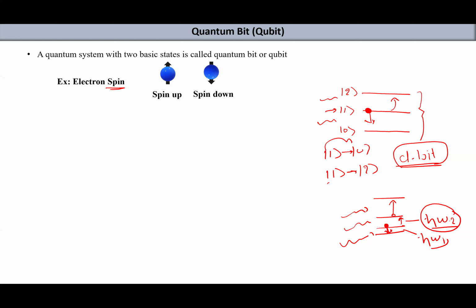So to access each state, you need a different frequency microwave or pumping source. This is the complexity people are facing. That is why most of the examples and people are talking about the 2 states of qubits, because it's a much simpler system to work with, but practicality is the problem, exactly. Okay, thank you.